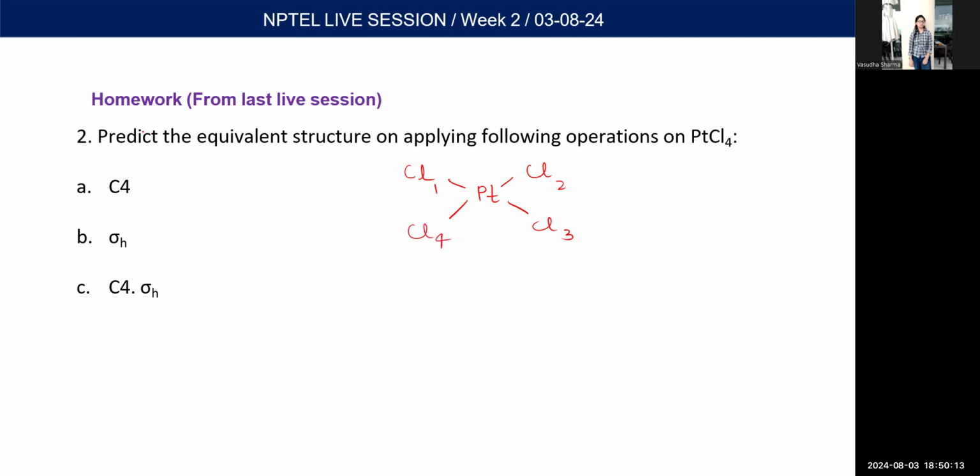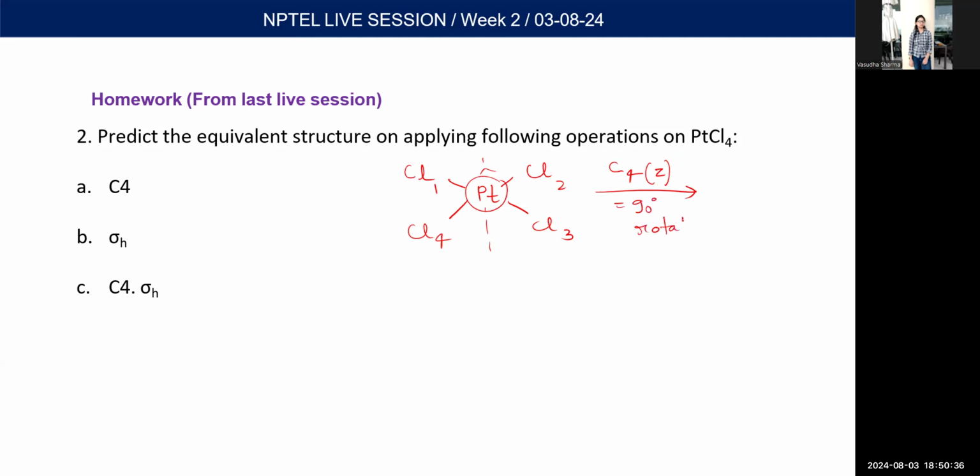So firstly, we have to apply C4. So C4 rotation I am giving. Since this is a planar molecule, this C4 will pass through the platinum. So I am calling this the Z-axis. Now when C4 passes through platinum along the Z-axis, C4 is nothing but a 90 degrees rotation.